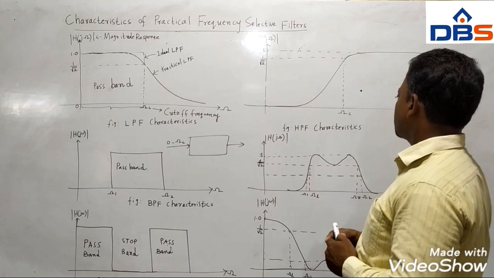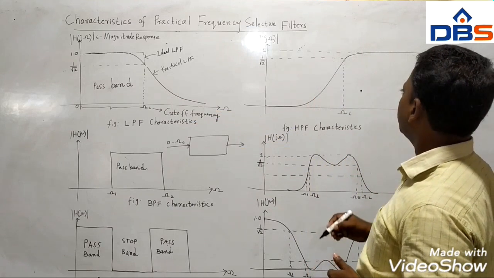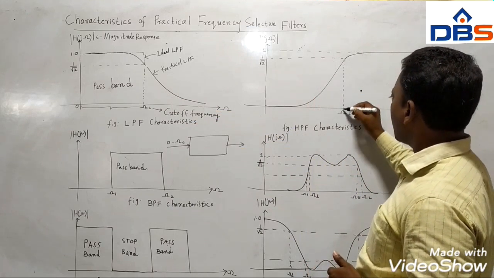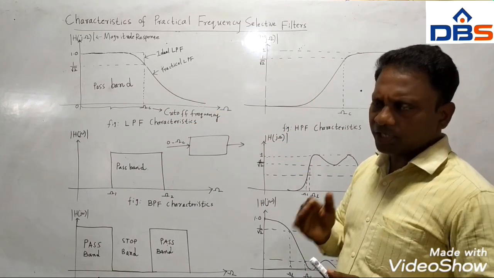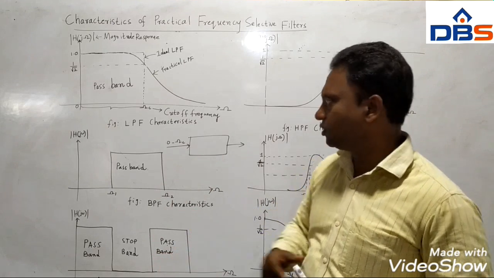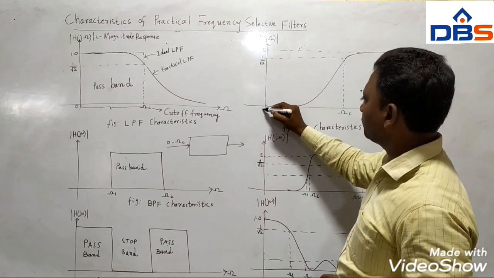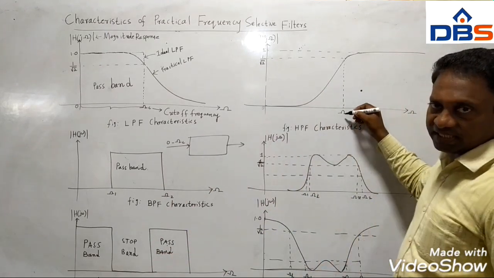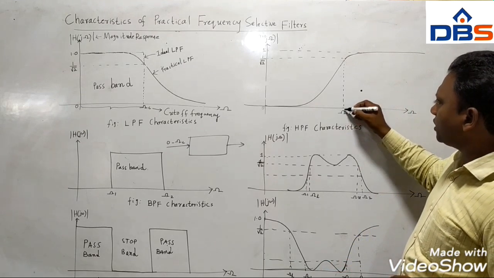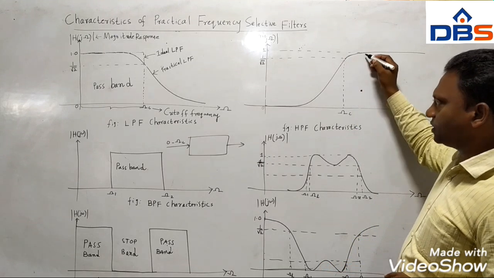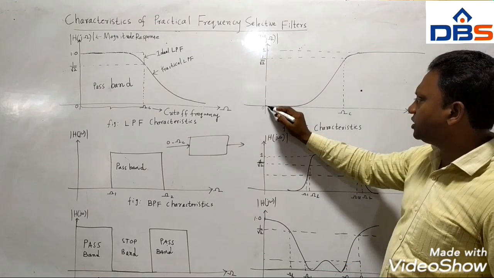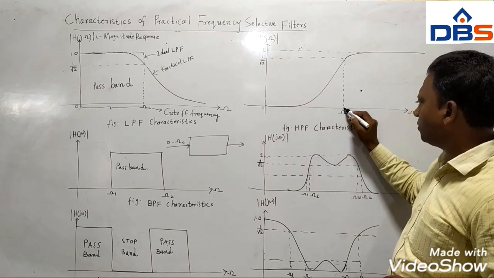Now coming to the high pass filter. A high pass filter passes the frequencies above the cutoff frequency. This is 0 and this is the cutoff frequency omega c, and the high pass filter is allowed to pass high frequencies above the cutoff frequency. Up to this it is 0.